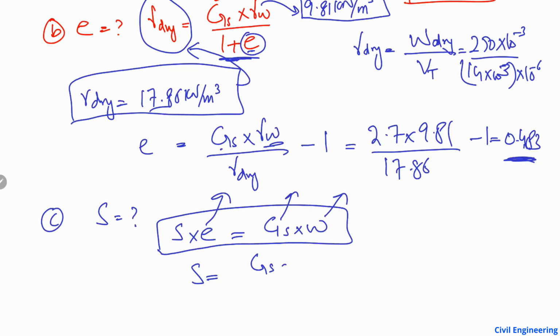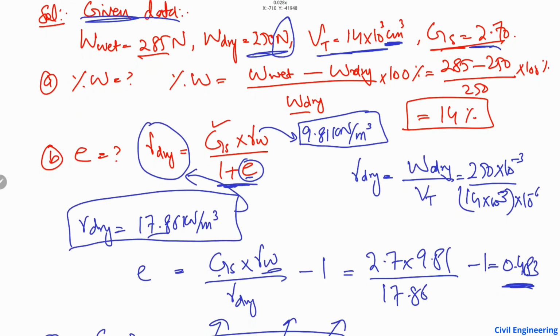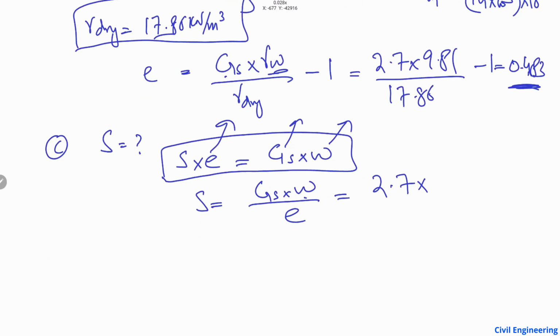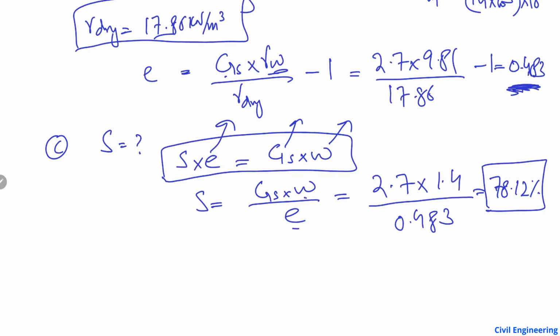So we simply use this equation and put the value of Gs, which is 2.7 in our case, multiplied by w, the water content, which was 14%, if I remember correctly. Yes, it was 14%. So 14% means 0.14 in decimal, dividing by e, which we found to be 0.483. By multiplying and dividing, we get a degree of saturation equal to 78.12%. This is the degree of saturation of the soil sample.